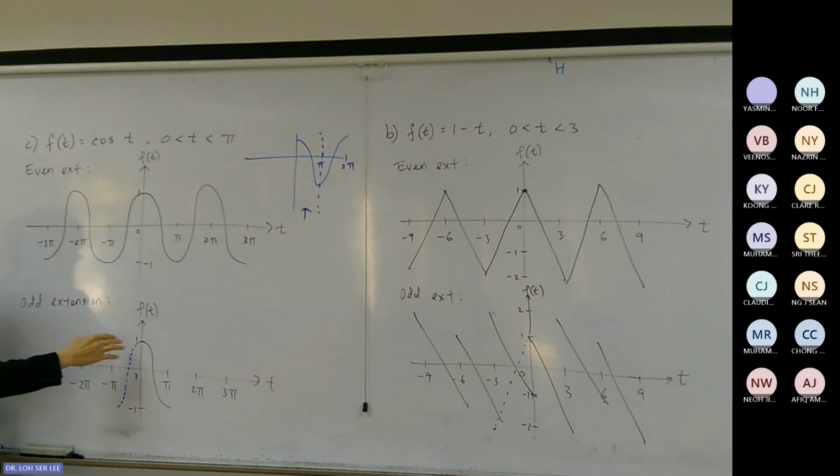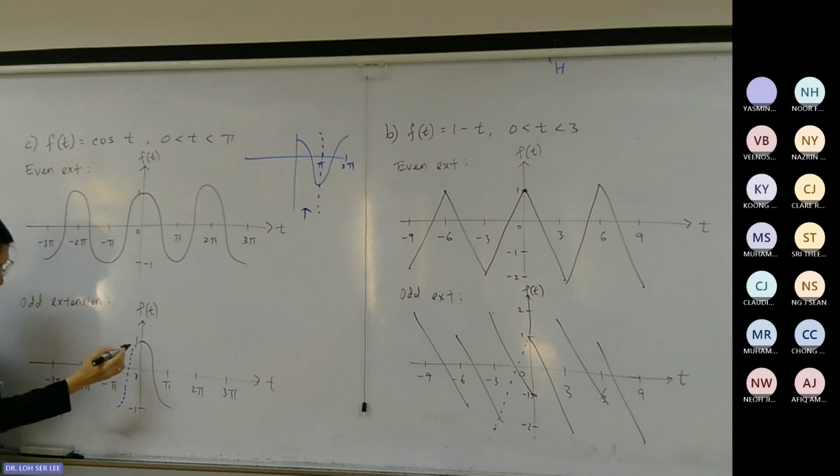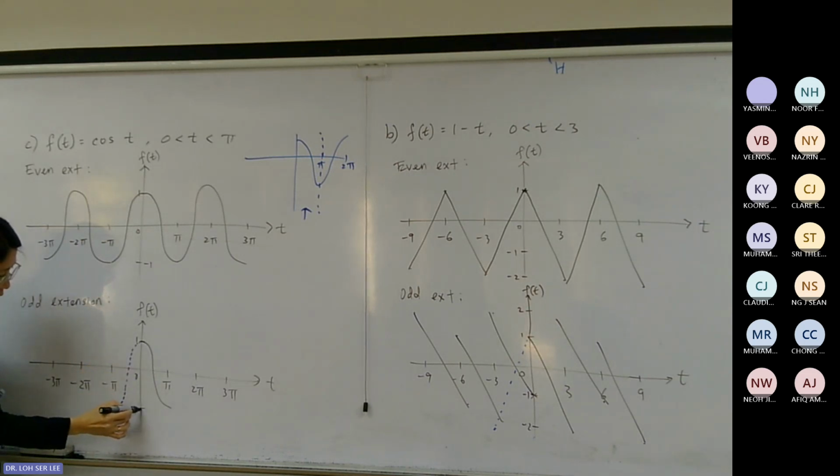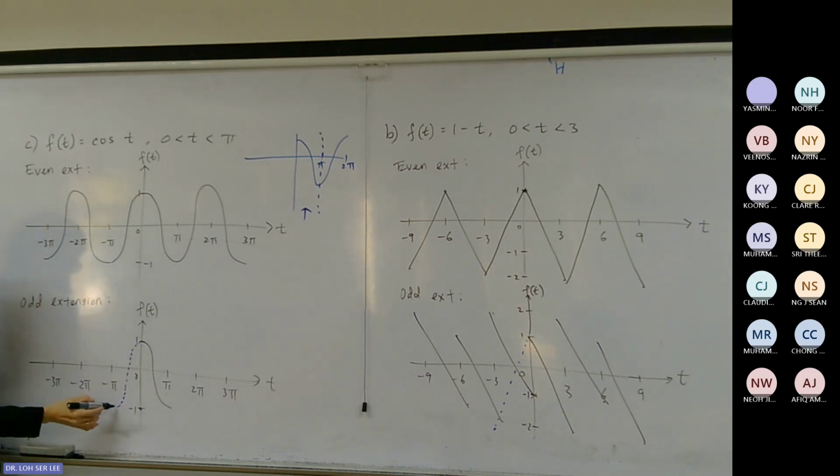After you reflect this one through the y-axis, this part you need to reflect through the x-axis. So if this is 1, this point after reflection will be here, and this point after reflection will be here.